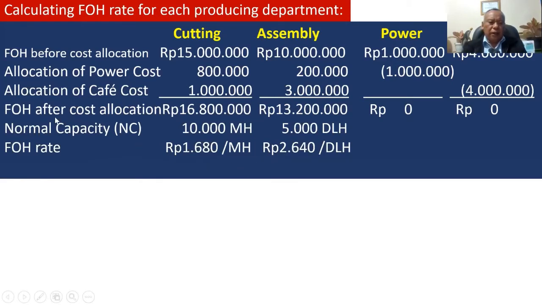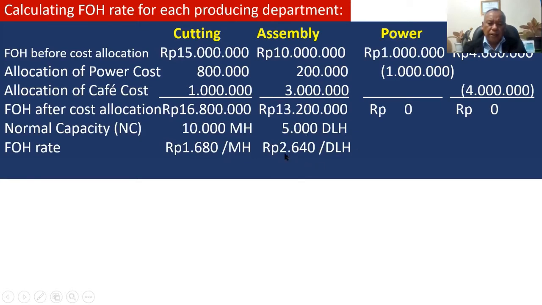So the total factory overhead after service department cost allocation divided by the normal capacity. So 16,800,000 divided by 10,000 machine hours. So we find the factory overhead rate 1,680 per machine hour for cutting. And then for assembly, 13,200,000 divided by 5,000 direct labor hours.